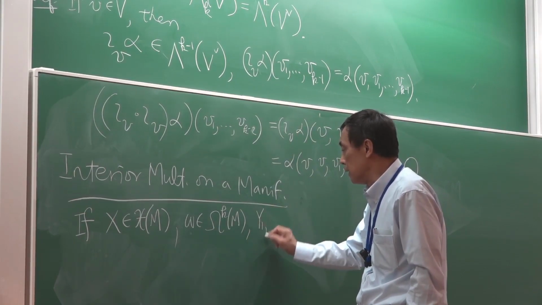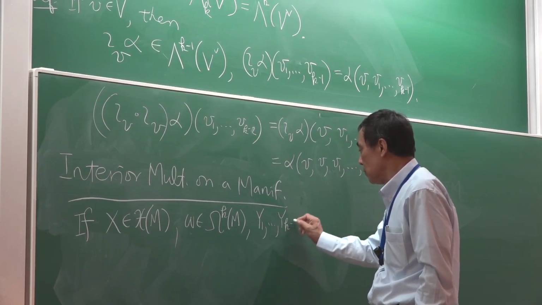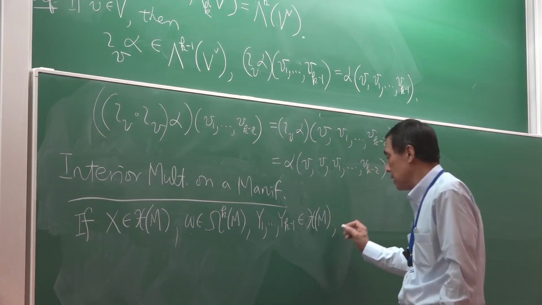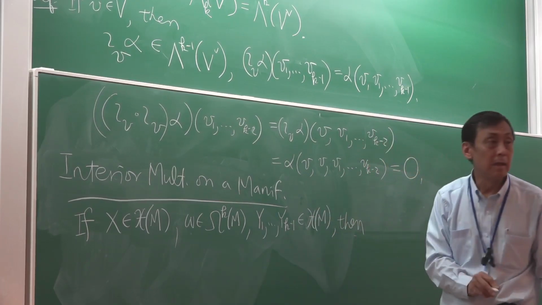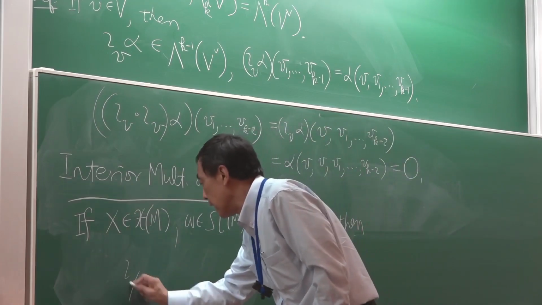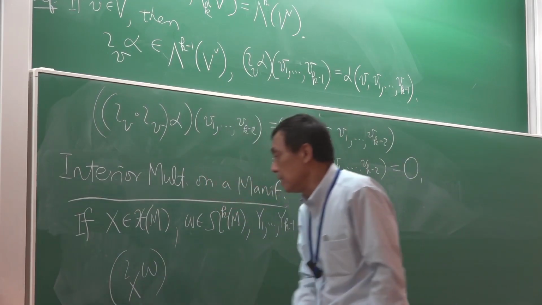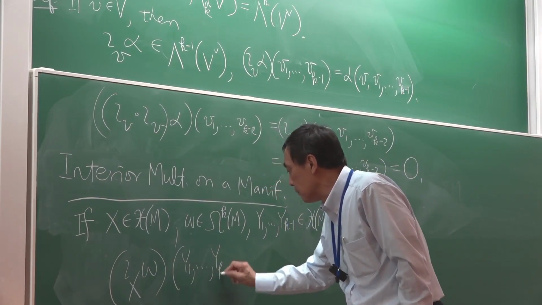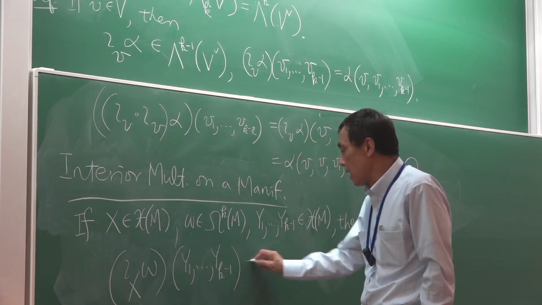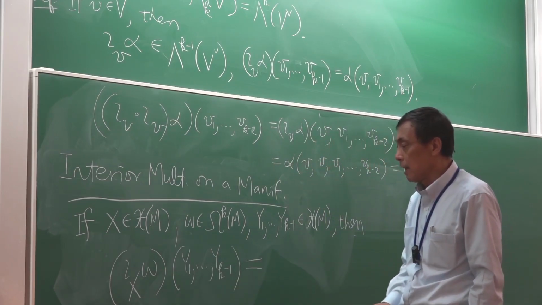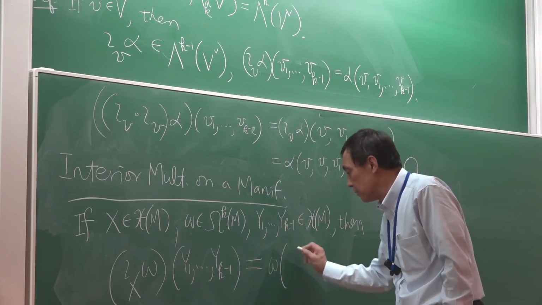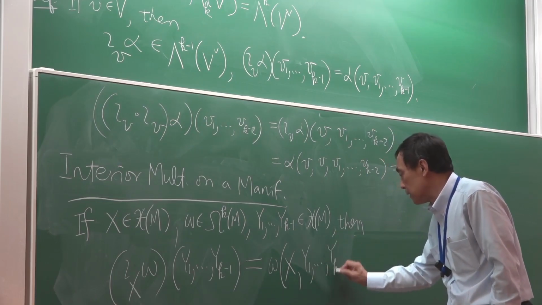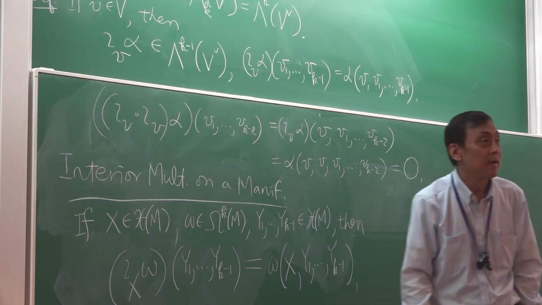and Y1 to Y_{k-1} are vector fields, then, okay, i_X omega, that lowers the degree by 1, so you apply it to k minus 1 vector fields, and that's omega, again, put X in as the first argument, Y1 to Y_{k-1}, okay?